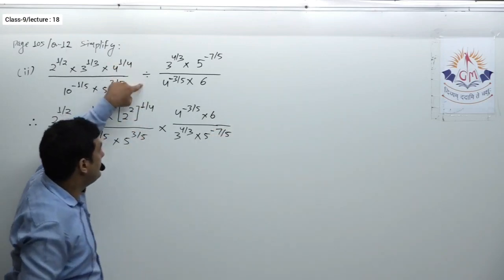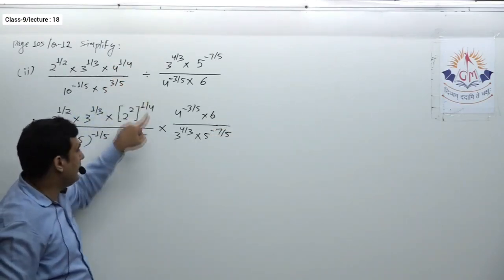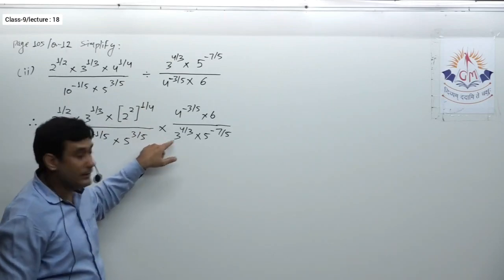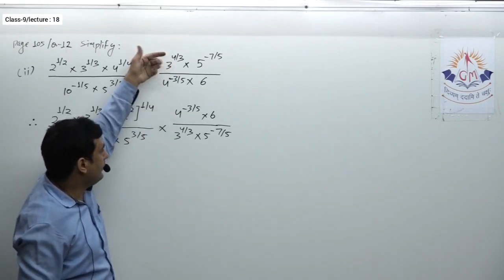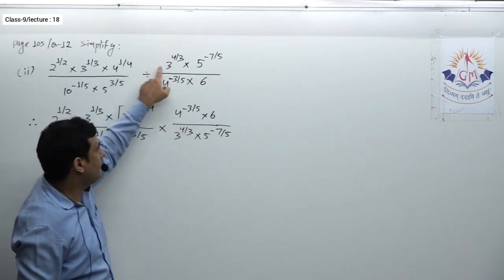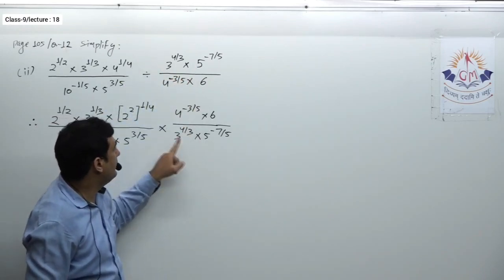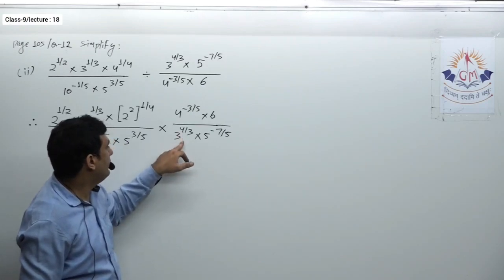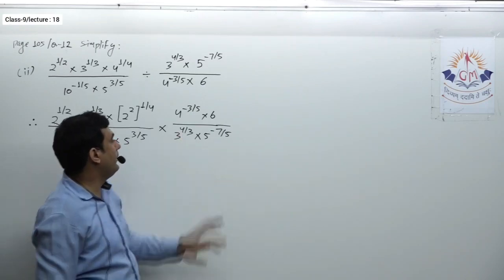Okay, I am interchanging the sign. At the place of division I took multiplication, and therefore I will reciprocate this. Whatever is in the denominator I write in the numerator, and whatever is in the numerator I write in the denominator. So mine 3 raised to 4 by 3, 5 raised to minus 7 by 5.